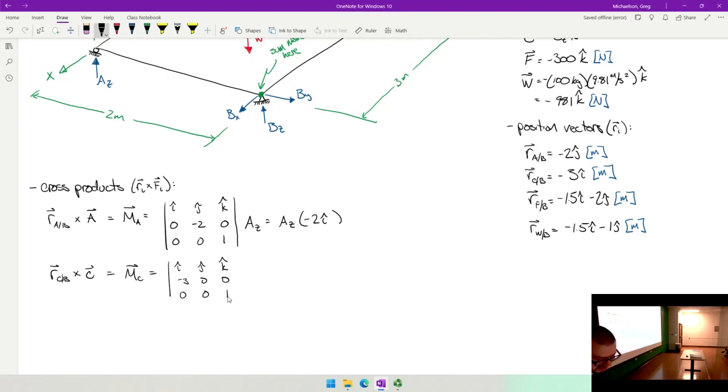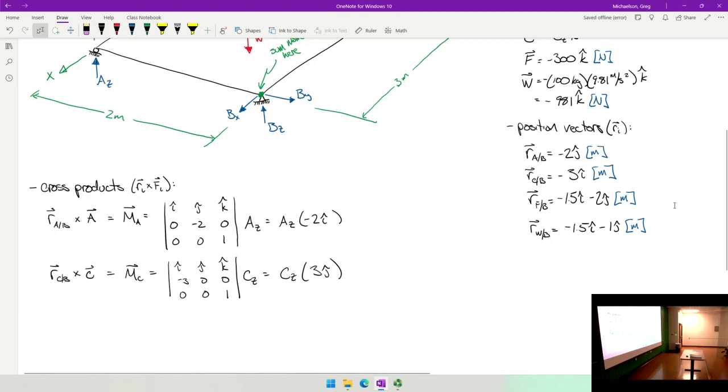And instead of CZ, I'm going to put 1 and put the CZ out here. And so when we chug that out, we get CZ times positive 3J. I'm happy to evaluate those cross products if you'd like, but part of this review session is I want you to go through these and see if you're getting the same answer I am. Okay?